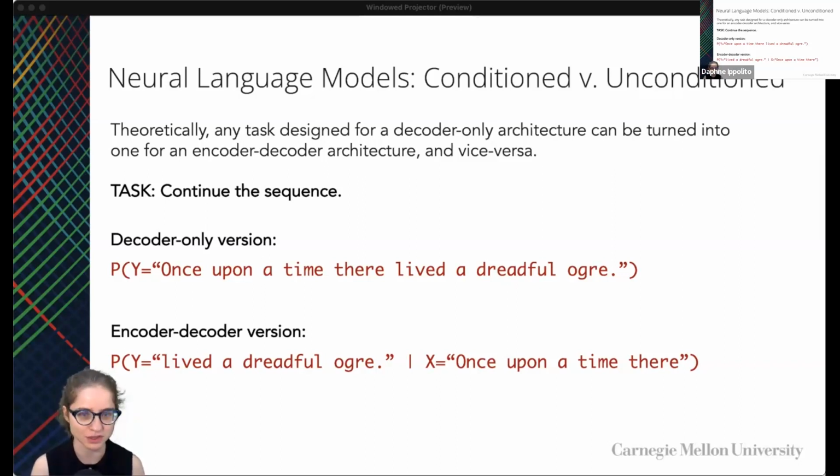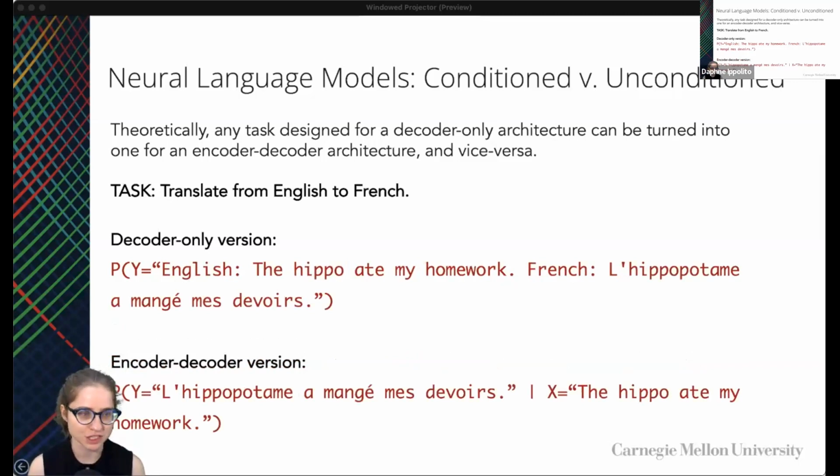So these are interchangeable, although you can see that for this task, using a decoder-only model makes more sense because it's unclear what should be a prefix and what should be a suffix. And if we look at machine translation, which is the classic example of a conditioned model, you could say, I have this sequence that has English: the hippo ate my homework, French: l'hippopotame a mangé mes devoirs.